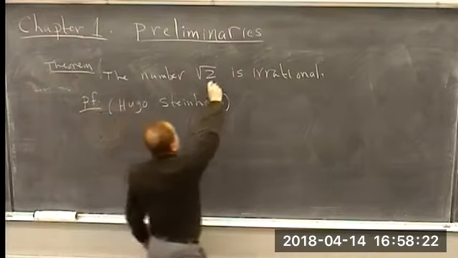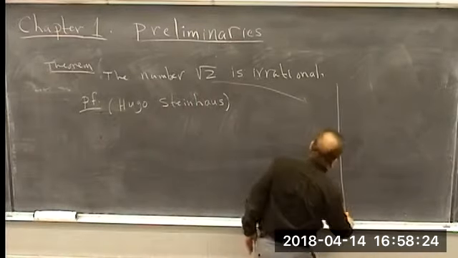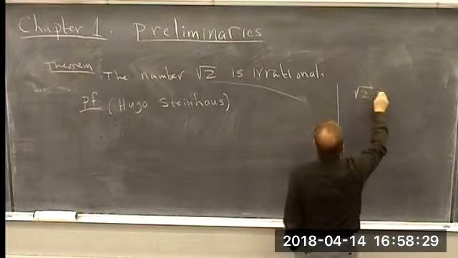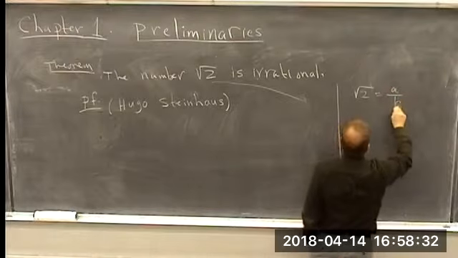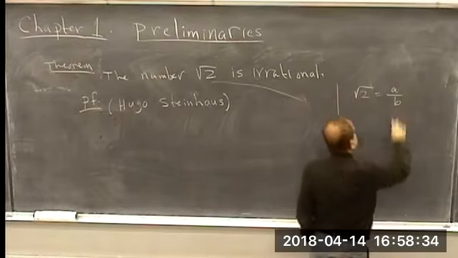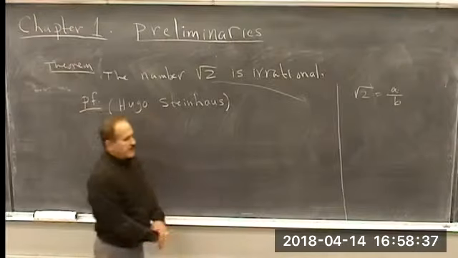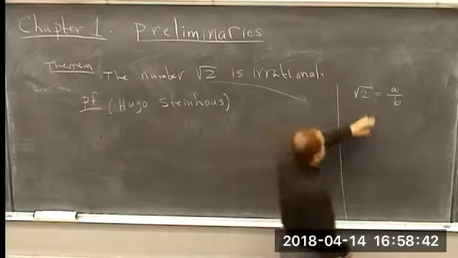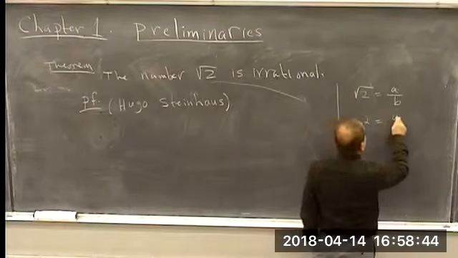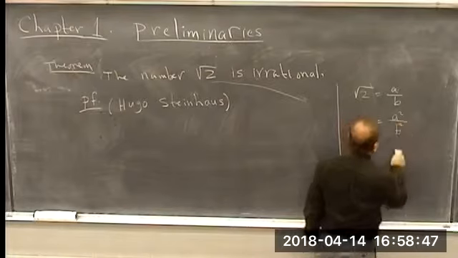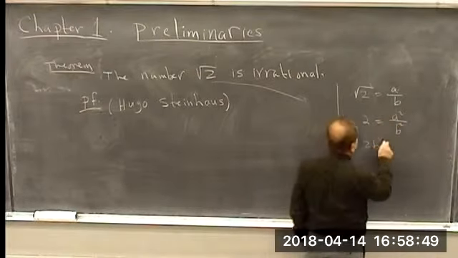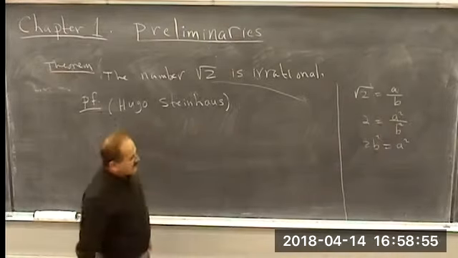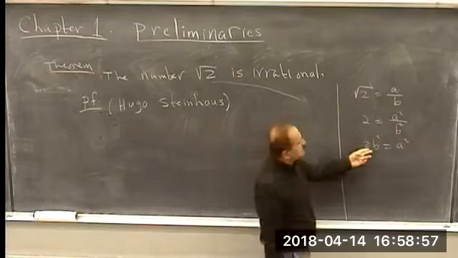The traditional way to prove this is by contradiction. You assume that the square root of 2 is equal to a over b, where there is no common divisor between a and b. These are natural numbers. Then you square both sides of this equation and multiply. This implies that a squared is an even number, has a factor of 2.